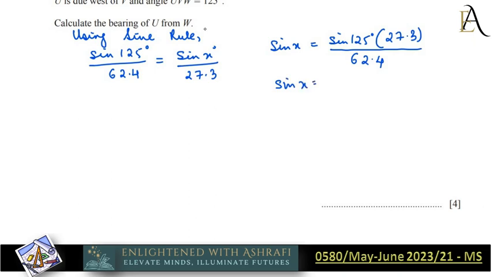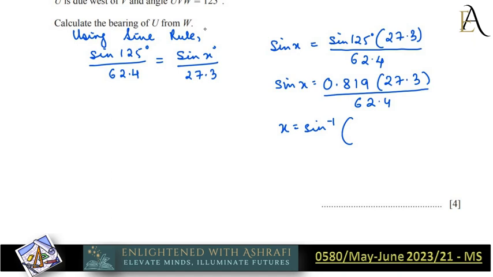Sine x equals sine 125. So sine 125 is 0.819 multiplied by 27.3 upon 62.4. x equals sine inverse.